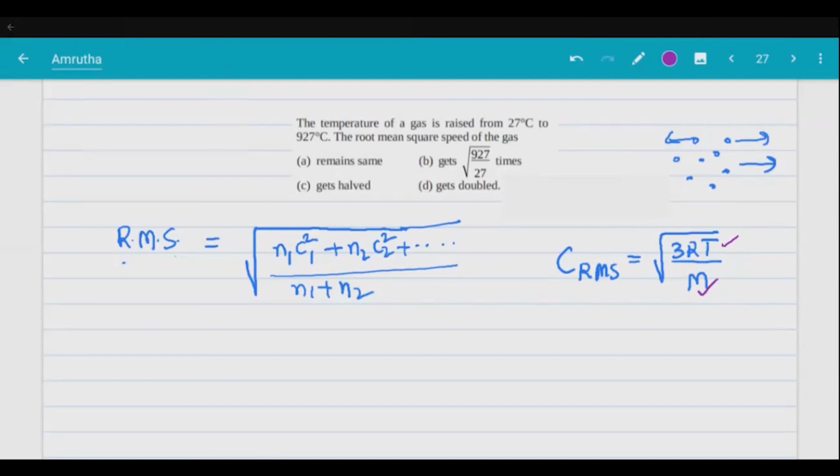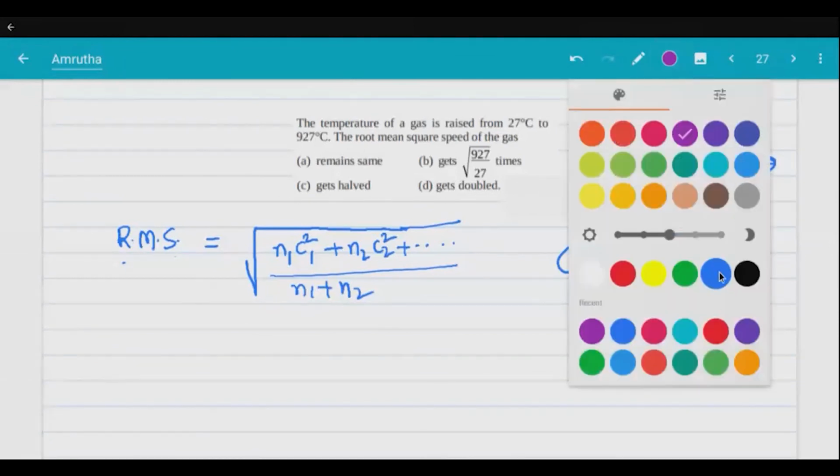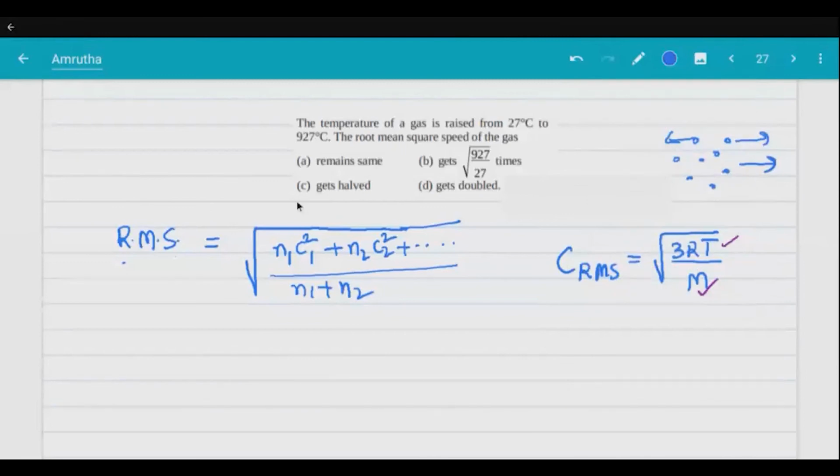So how do we do this now? Question. Temperatures are given, 27 degrees Celsius to 927 degrees Celsius. Now root mean square speed depends on temperature.